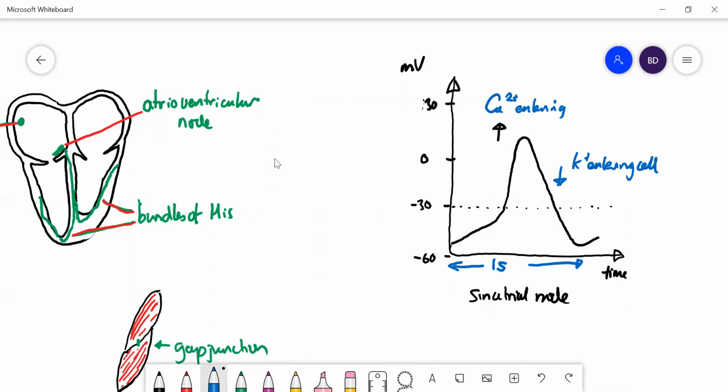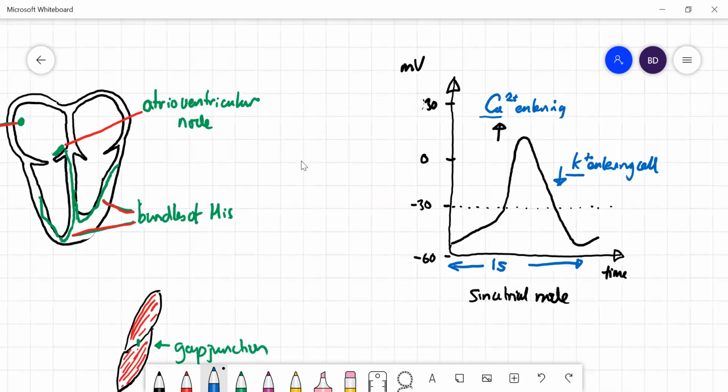And the calcium channels, obviously they're different. You don't have them in the nerve cells. And the potassium channels which are involved are a different kind of voltage gated channel than the ones you get in nerves. And that's a bit of background information.